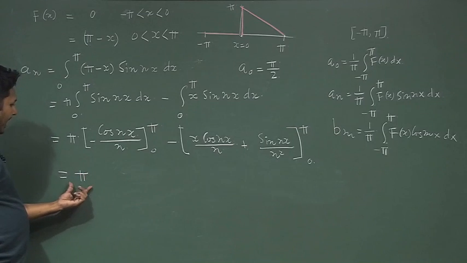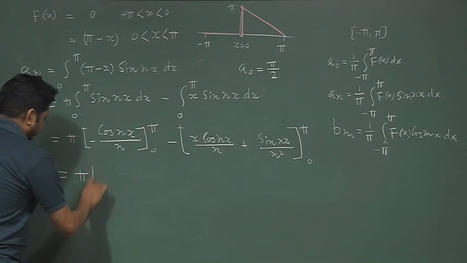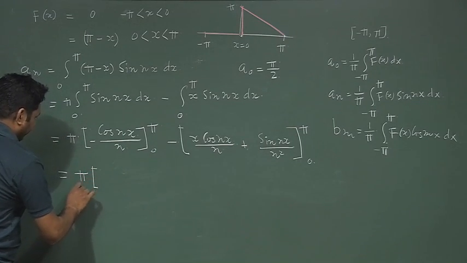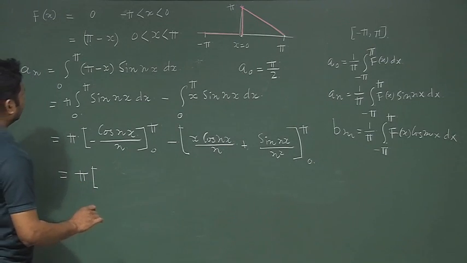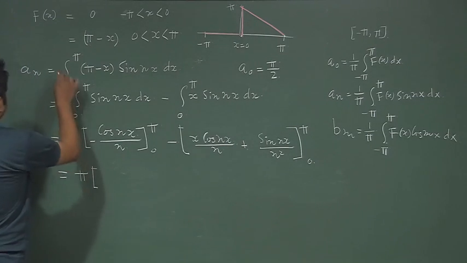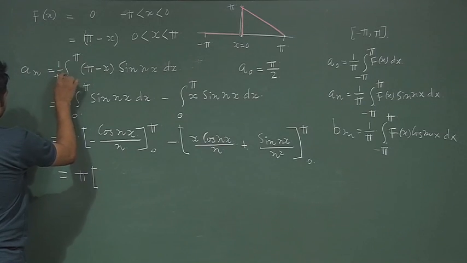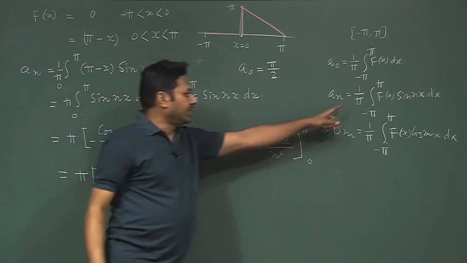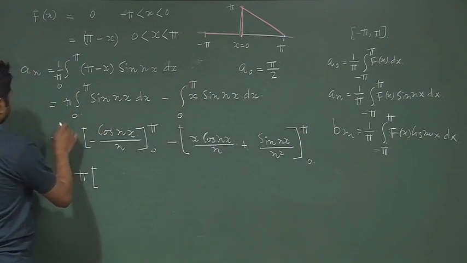The first is pi divided by an. So, 1 by pi should be there. When I do the integration, this 1 by pi should be there.